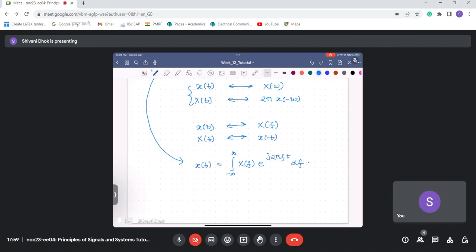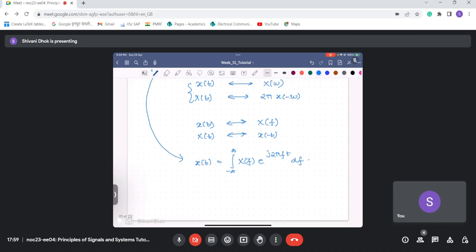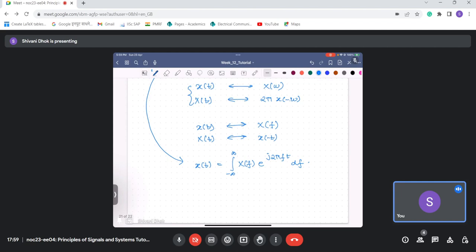Now replace t by f, and f by t. Interchange it. So I have x of f equal to the integral from minus infinity to infinity of x of t e power j 2 pi f t dt, and now do x of minus f, sorry.